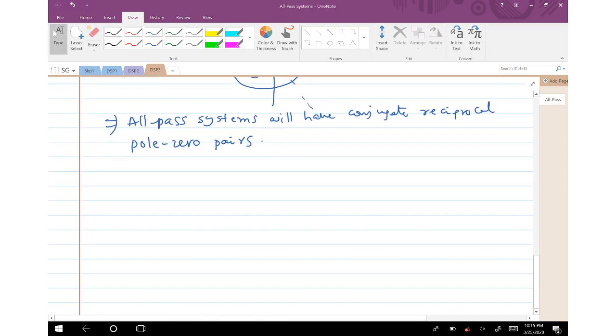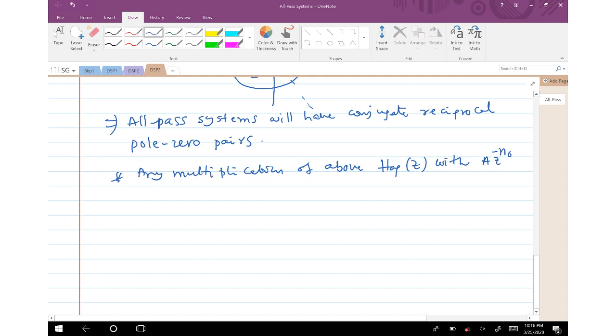So let me write that observation here. Any multiplication of the above HAP of z with a into z power minus n naught.